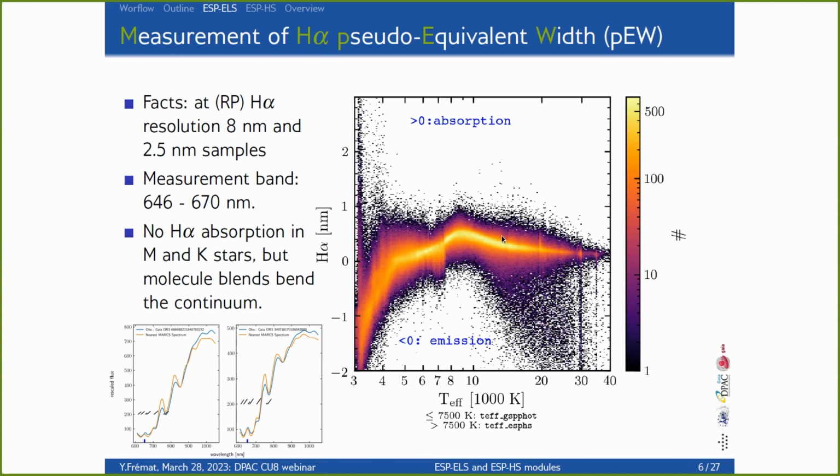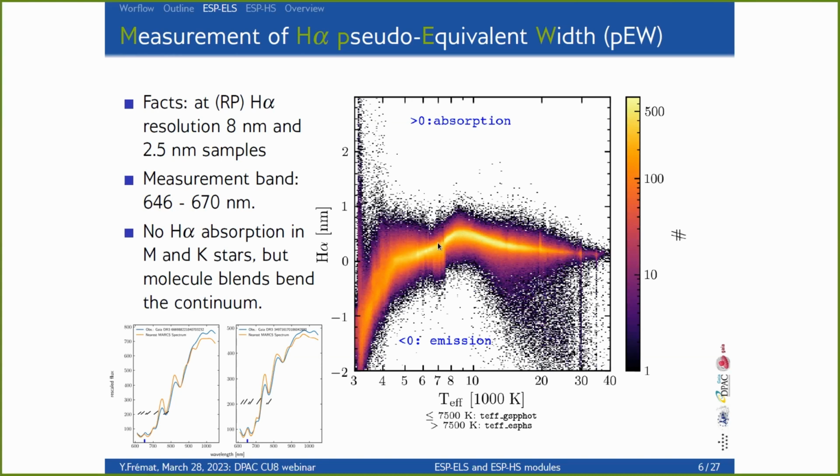What we see in this plot is that for the hot stars, the behavior is quite nice, and as we may expect from H-alpha. We have a maximum at around 8,000 to 8,500 K, and it starts to reduce to about 0 when the effective temperature increases.